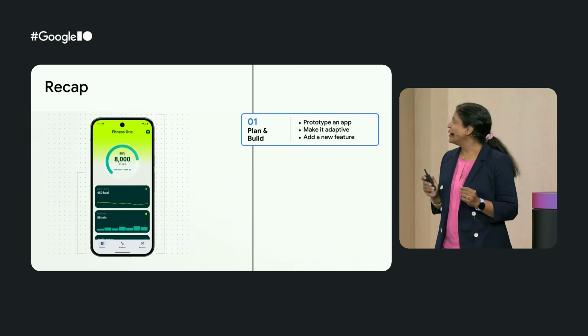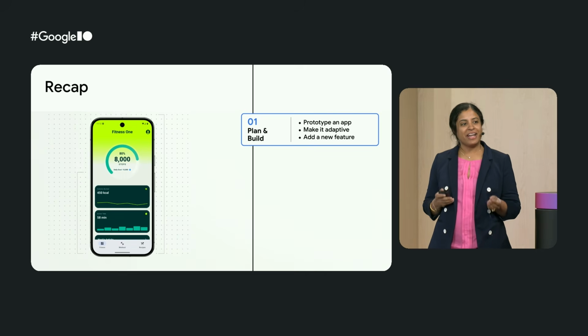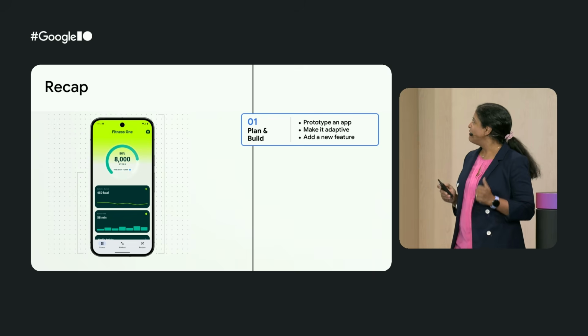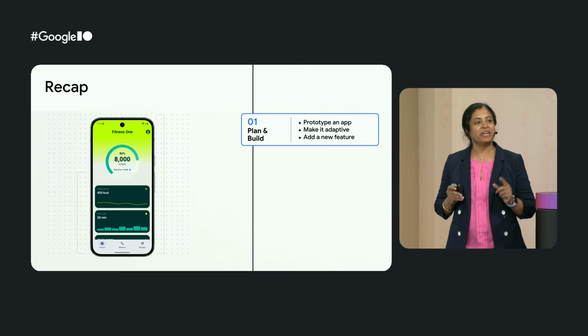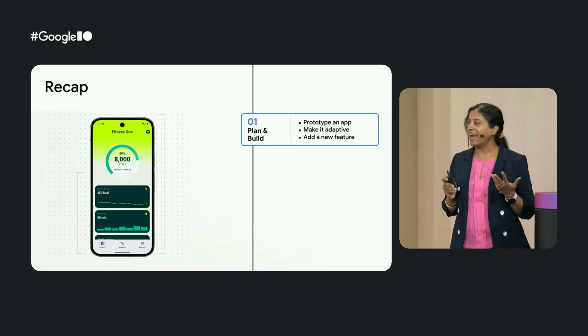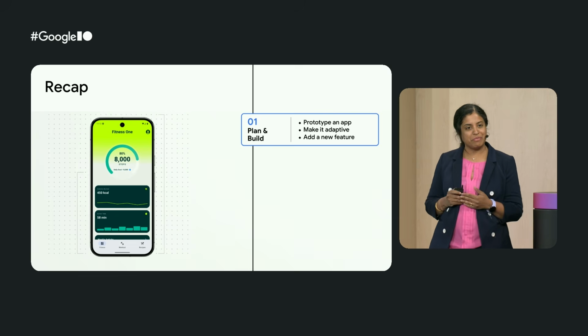All right. So today, we saw how Gemini in Android Studio can help supercharge your developer productivity and help you at every step of the app development lifecycle. First, we looked at how to prototype a new app with the new project agent. Then we saw how to make it adaptive and to test it on large screen emulators.